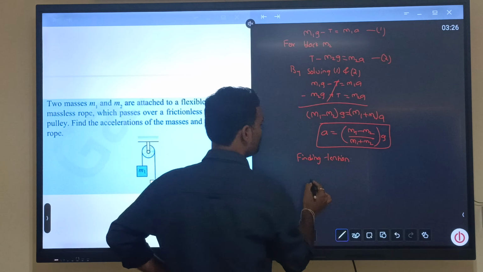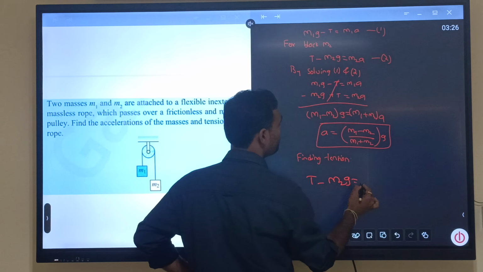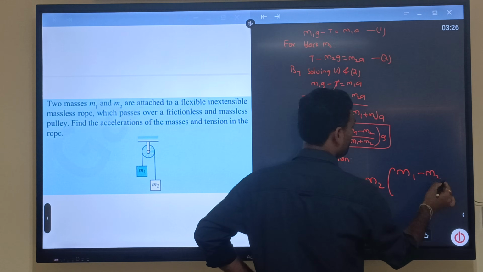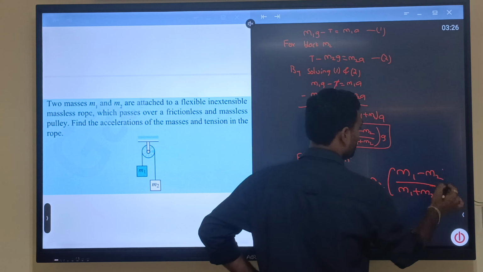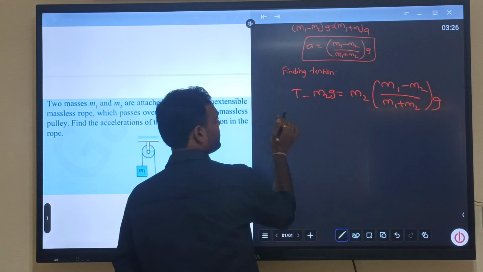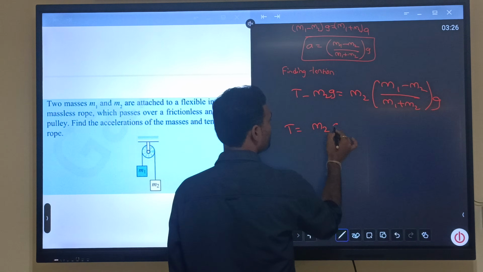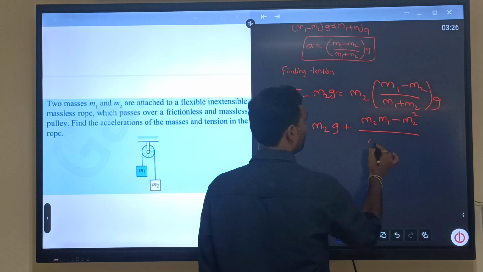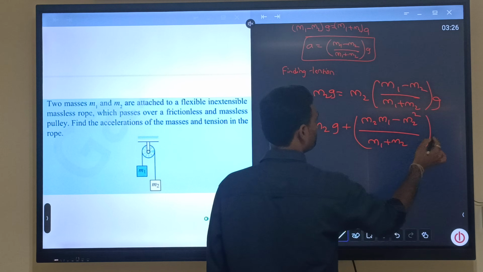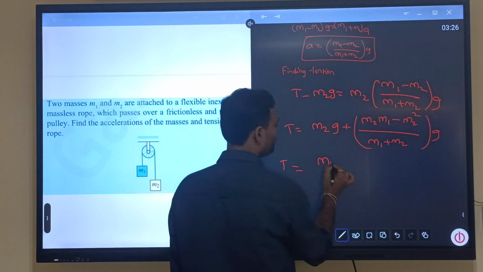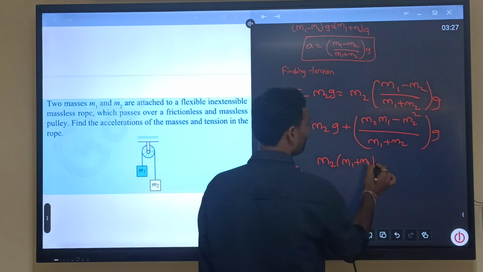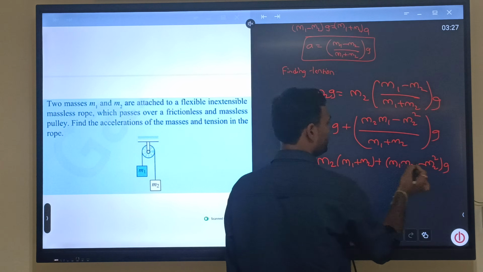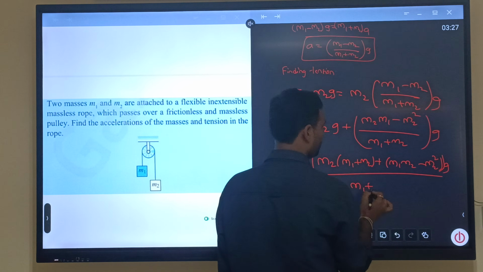See here, T minus M2G is equal to M2 times the acceleration. I am directly substituting the acceleration value, (M1 minus M2) by (M1 plus M2) into G. This gives us T equals M2G plus M2(M1 minus M2) by (M1 plus M2) into G. And this gives us [M2(M1 plus M2) plus M2(M1 minus M2)]G complete by (M1 plus M2).